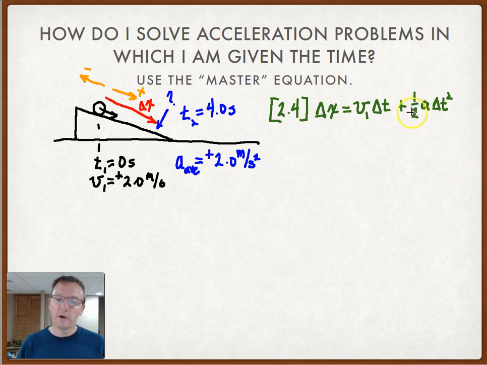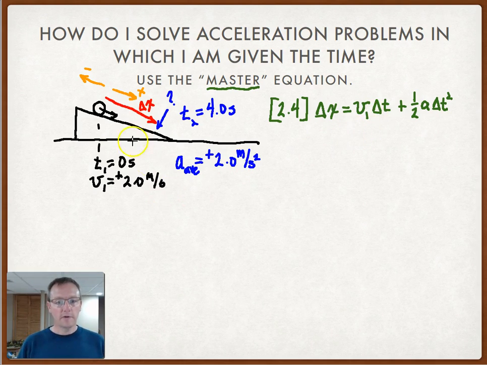It doesn't go with the acceleration or the 1/2. So it's delta t squared. That's it. I like to call this the master equation because it can solve probably 90%, maybe 85% of your one-dimensional math problems in physics. So if I ever say use the master equation, I'm talking about 2.4 here because, I think, it's the most useful of all the equations in the first linear motion unit.